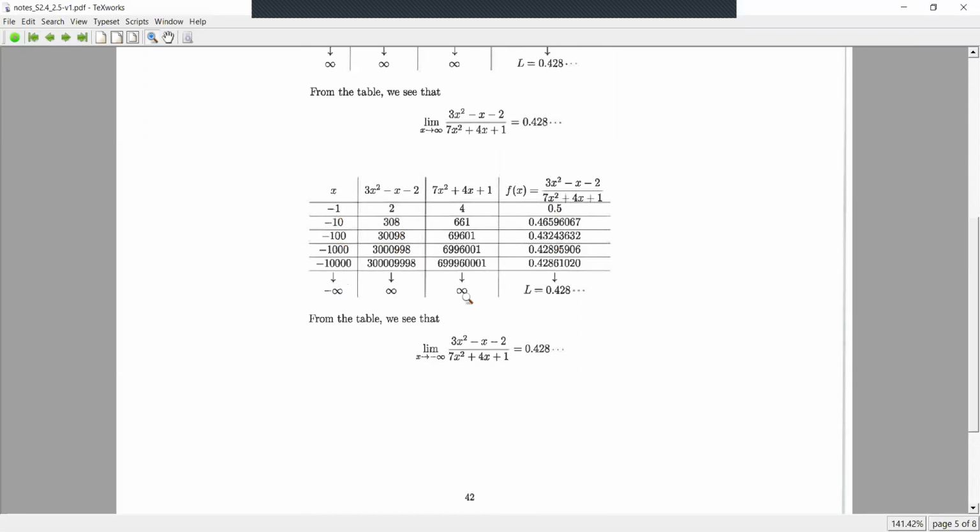Denominator also approaches positive infinity. But the function approaches some finite number. It seems that this number and this number are the same number. So as x approaches negative infinity, the limit of the function is this number.